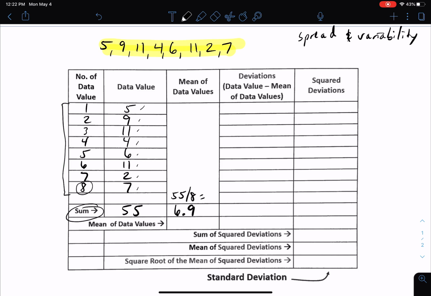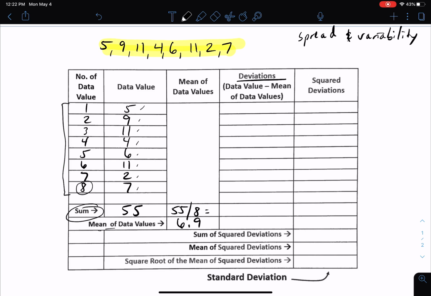Okay, that's the first thing you're going to do. Okay, so the mean of the data values is, oops, let me move these down. So one more time. So all I did was find the average, which was 6.9.